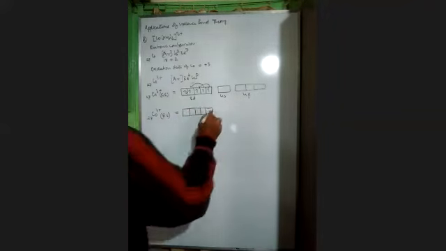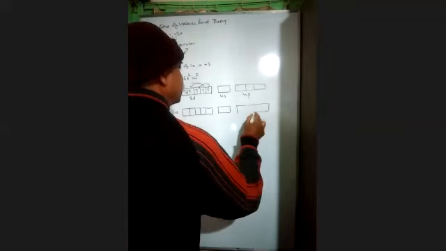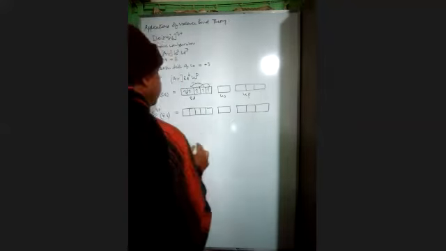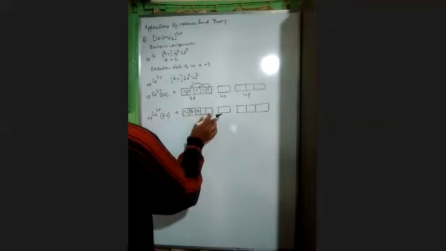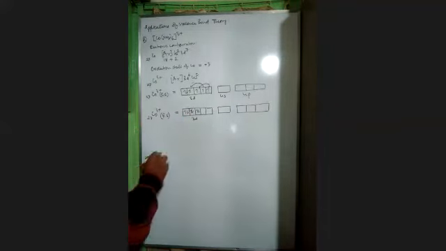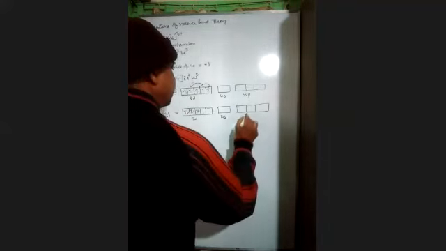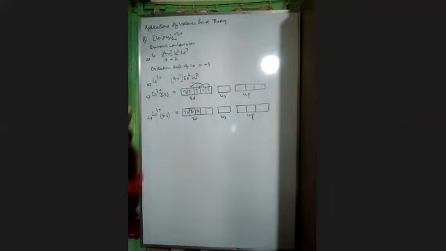Some diagram is being given in your book, but somehow I disagree with it. So this is paired, this also gets paired, and these two have become empty now. In 3d, 4s, 4p, how many ligands are there? 6.